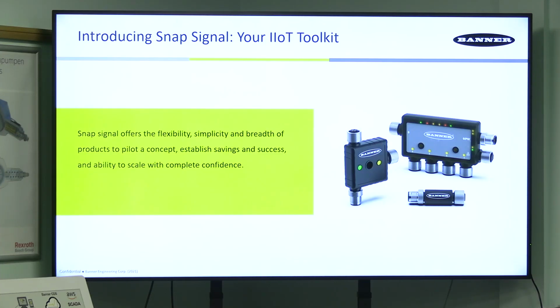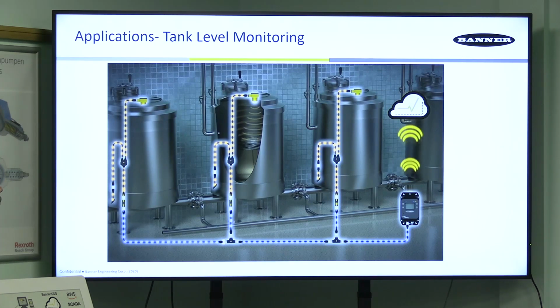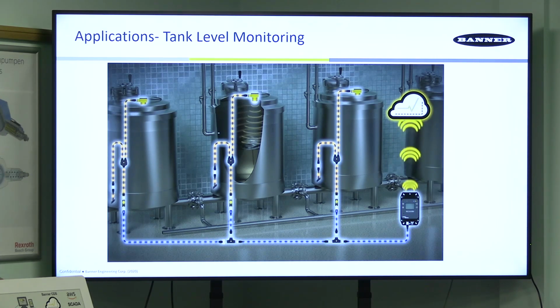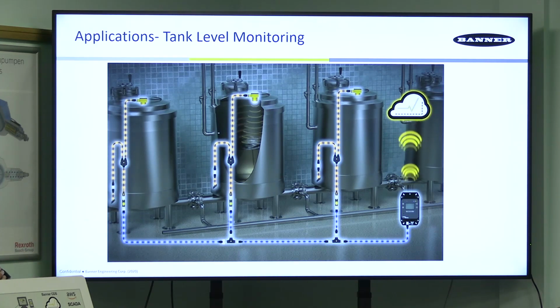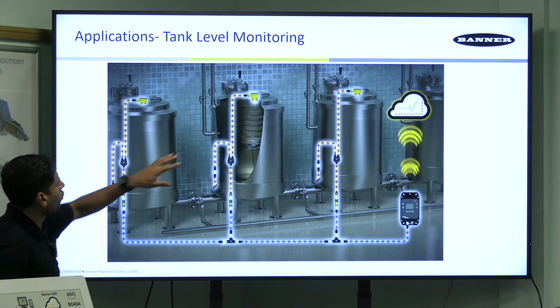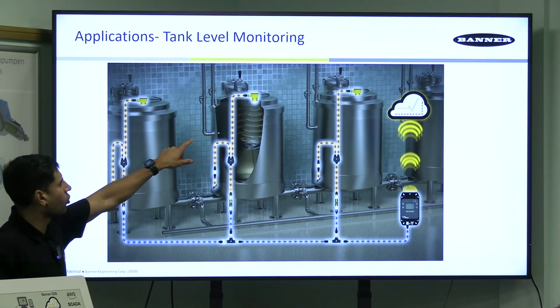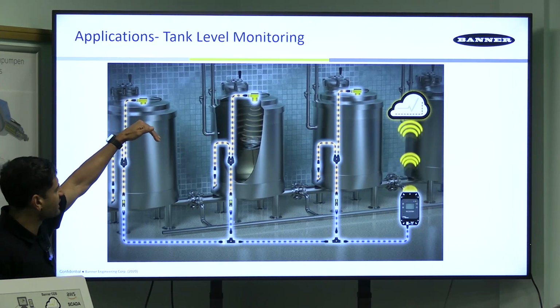So if we go through some of the products, this is a few here, controller and some splitters, etc. And if we look at a few topologies as well, it's a good graphic to give you a bit of an understanding. So these are just tanks, whether it's liquid or powdered matter. We've already got our ultrasonic or radar sensors pointing down into the tank. They're quite large tanks as well.